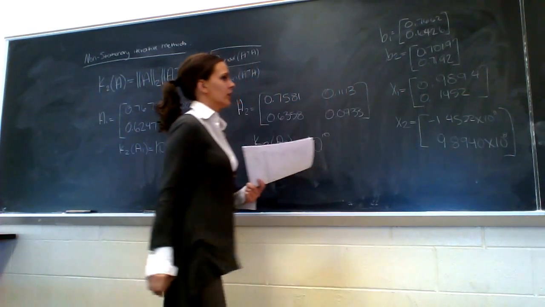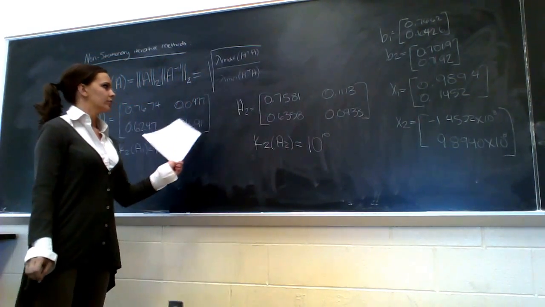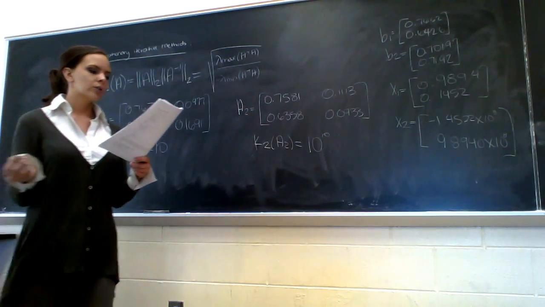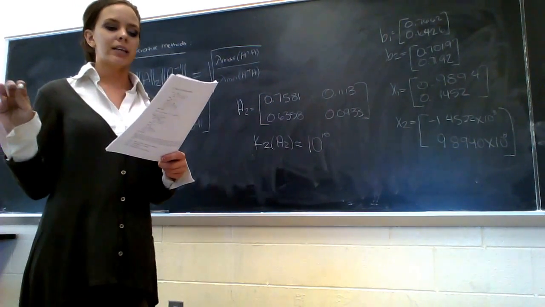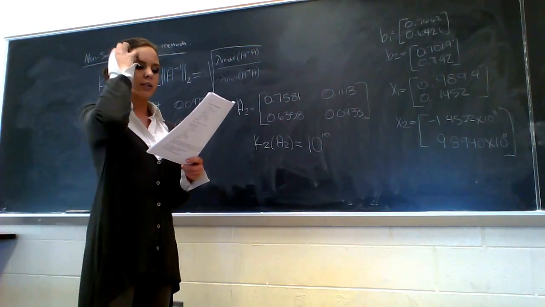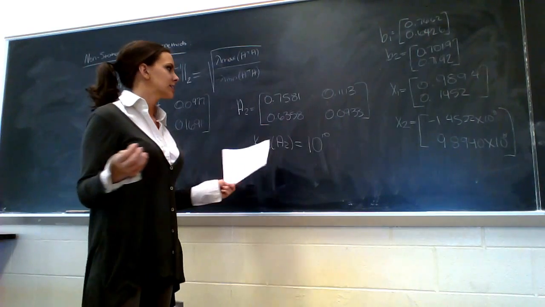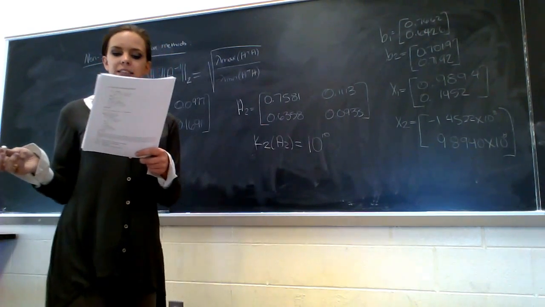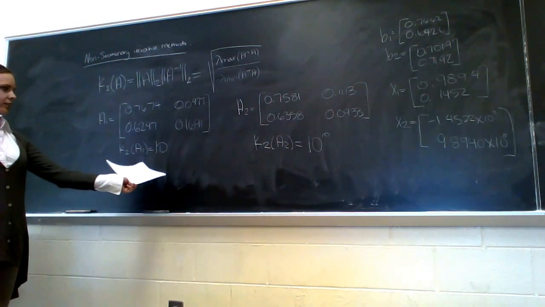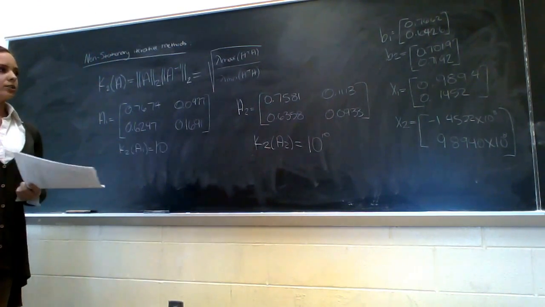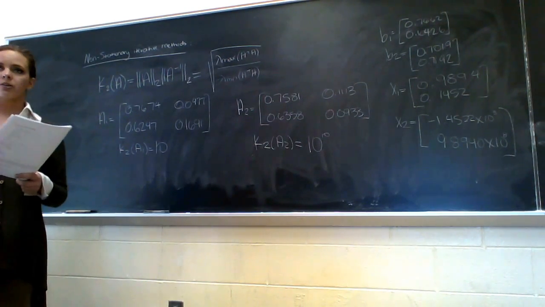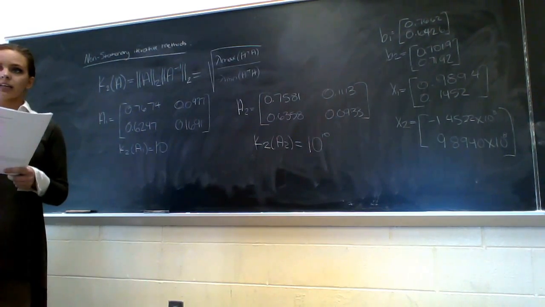So our two matrices were very similar to each other, A1 and A2, and our two right-hand side vectors, B1 and B2, differ from each other by about 10%, but their solutions are really different in magnitude. That's because this matrix A2 is very sensitive to perturbations, and you can see that by the condition number. So here the condition number was just 10, but in A2 the condition number was 10 to the 10, so we would expect any type of perturbation would throw it off significantly.